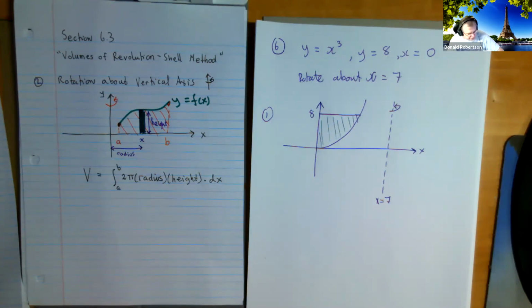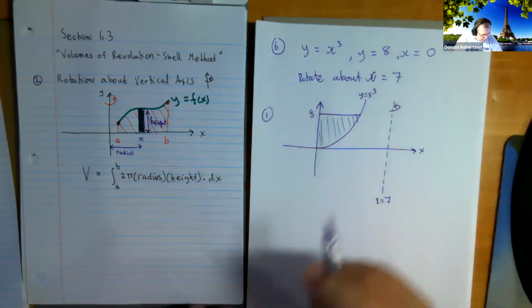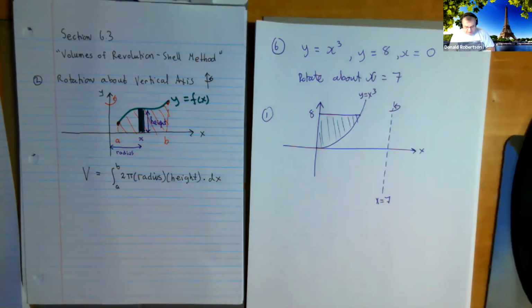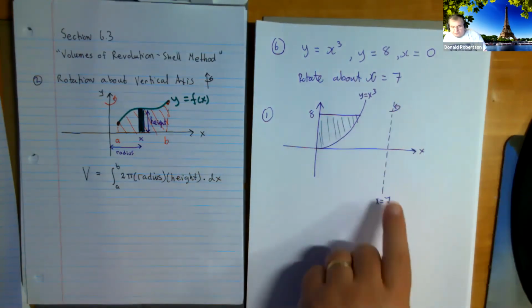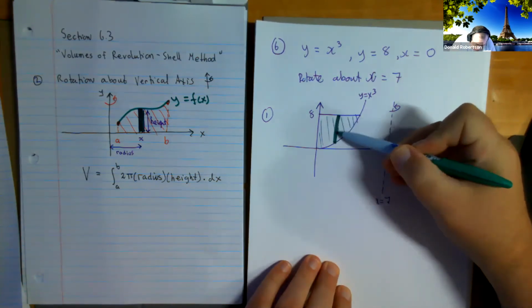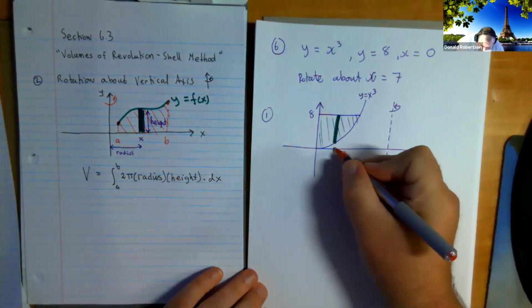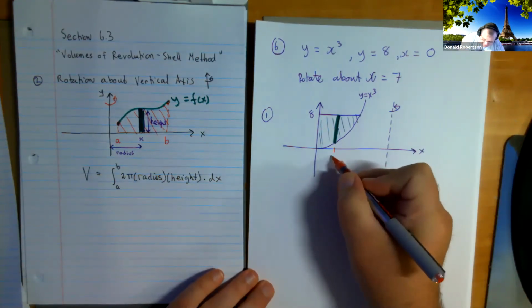So that's what the picture looks like. Now, if I'm going to rotate this shape about this axis, which is vertical, I will make my little rectangle there. And I will call this guy here x.